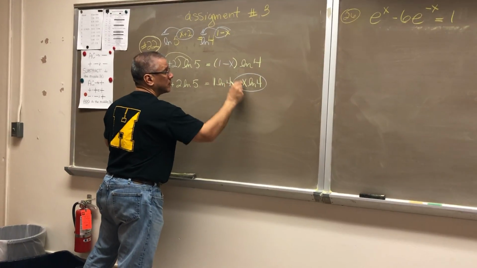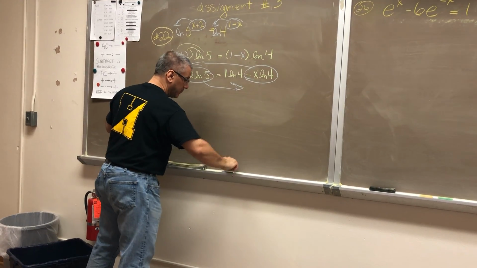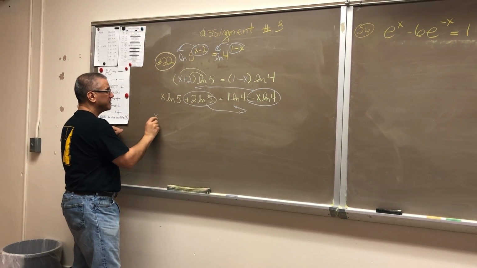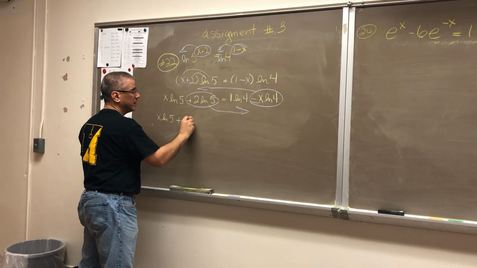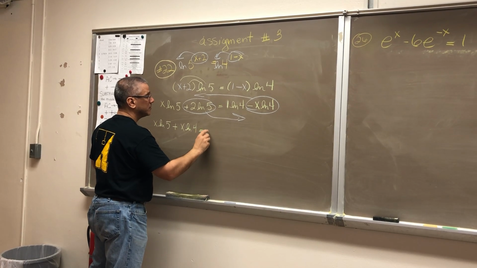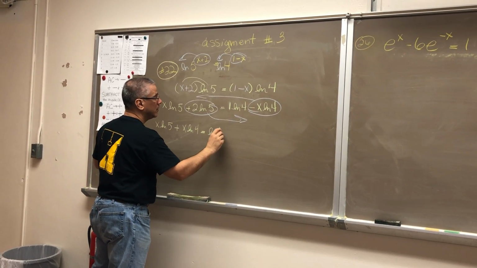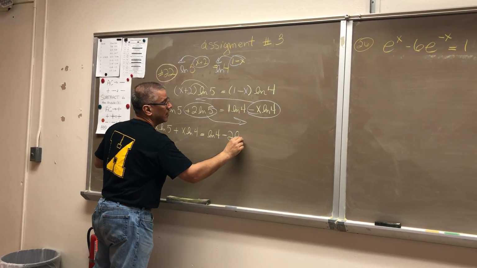So x ln of 5 plus x ln of 4 equals 1 ln of 4, I need the 1, minus 2 ln of 5.